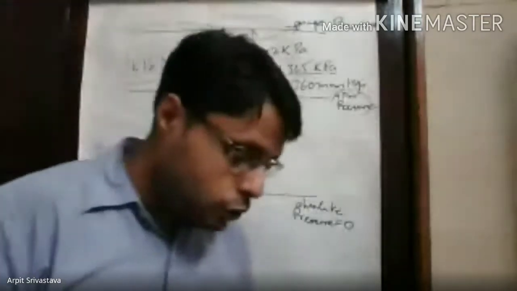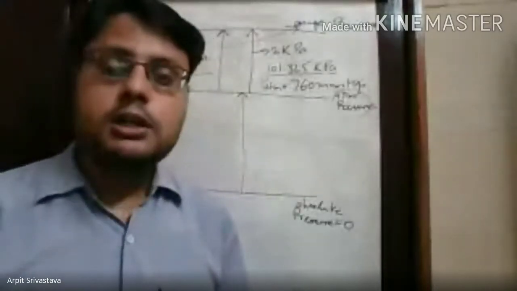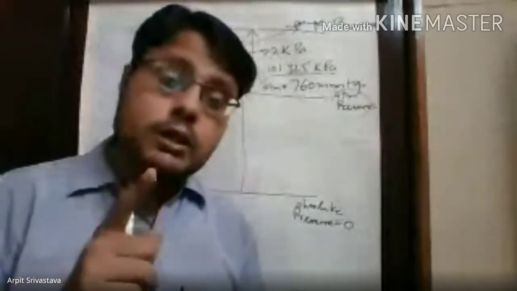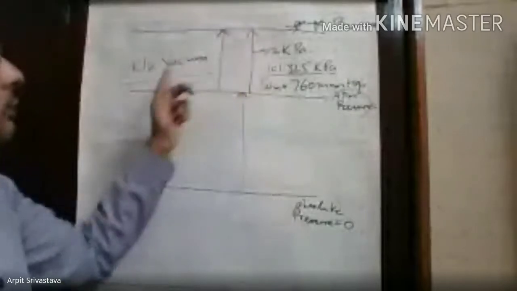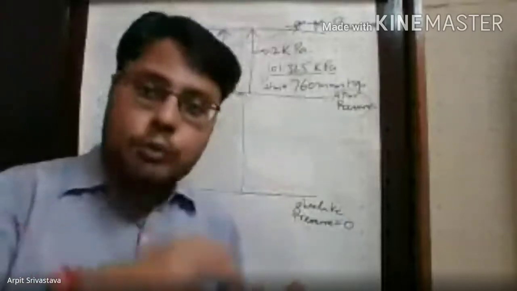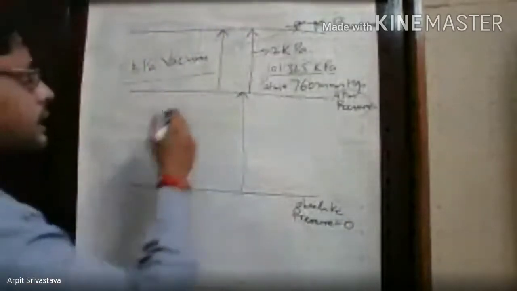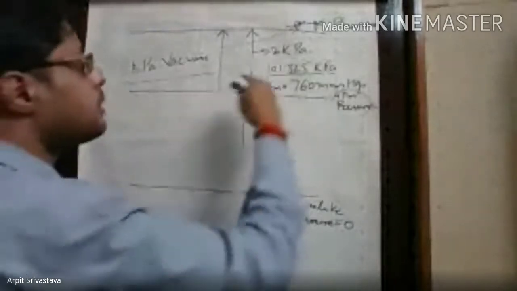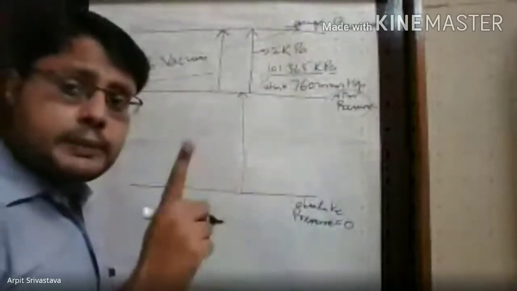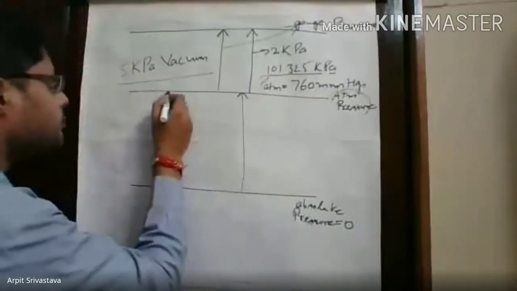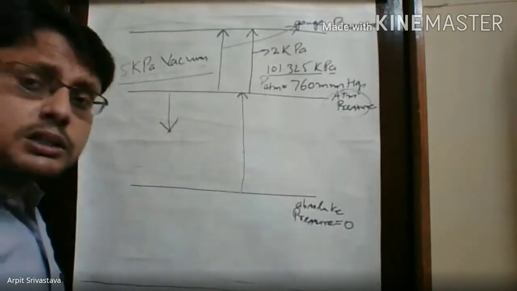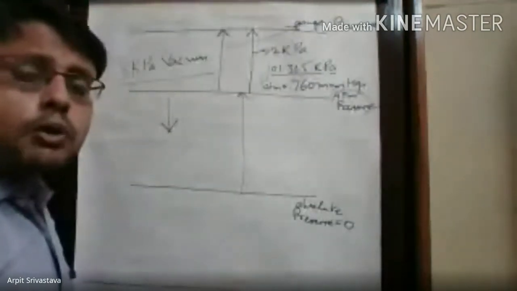As I earlier told you, vacuum pressure is with respect to atmospheric pressure, but the difference between gauge pressure and vacuum pressure is that vacuum pressure is below atmospheric pressure. So gauge pressure we represent above the atmospheric pressure line, but to represent vacuum pressure, we have to draw a line below the atmospheric pressure line, because vacuum pressure is lower compared to atmospheric pressure.